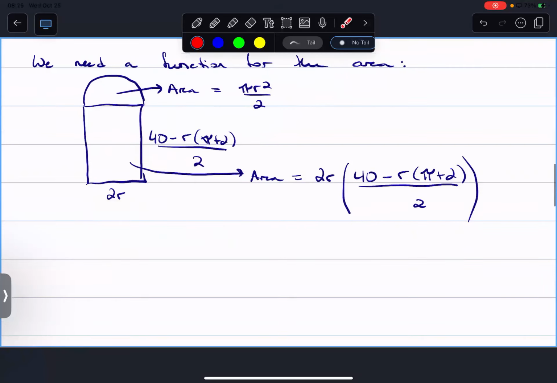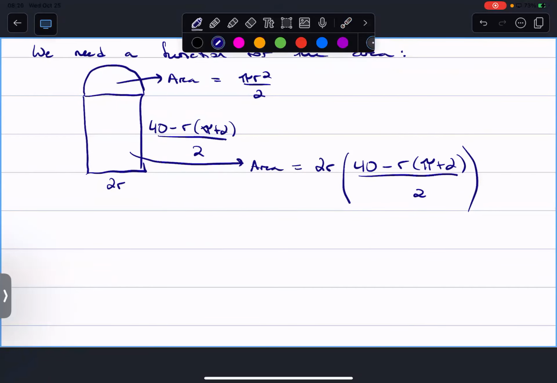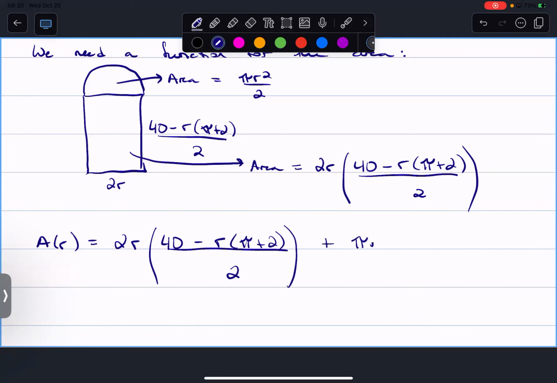So then the total area as a function of r is going to be 2r times (40 minus r times (pi plus 2)) divided by 2, plus pi r squared divided by 2.